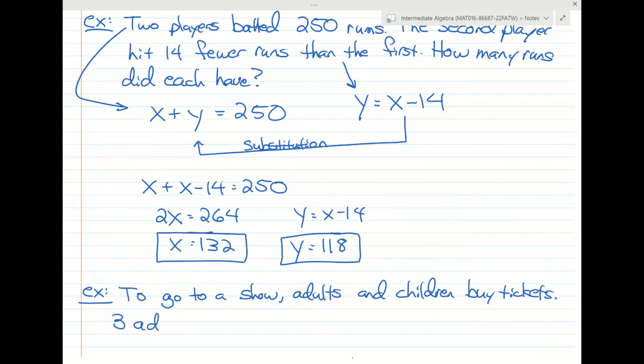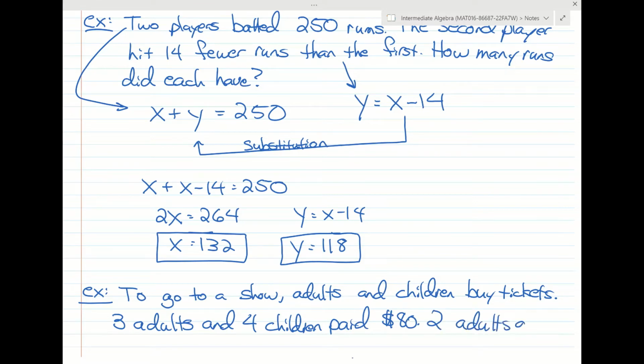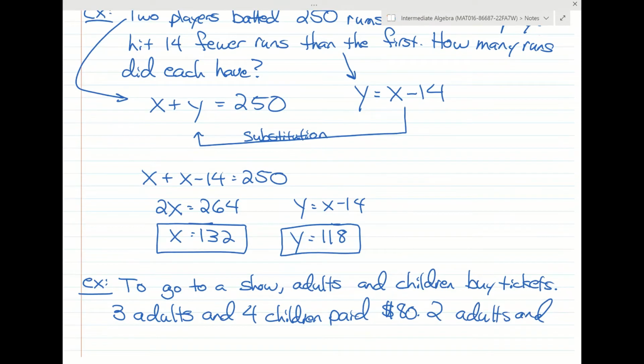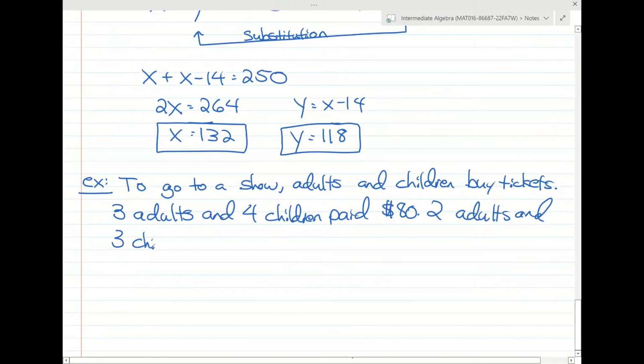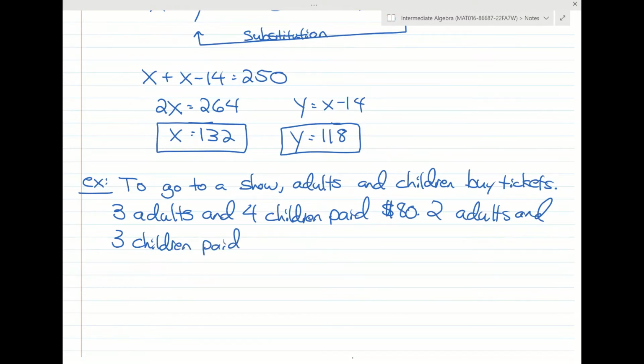Three adults and 4 children paid $80. 2 adults and 3 children paid $57. How much are the tickets?